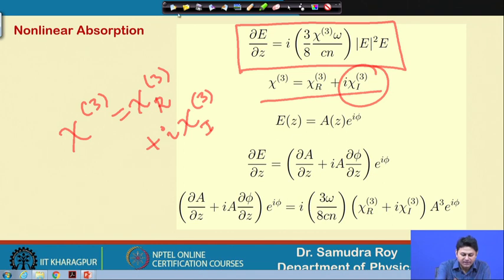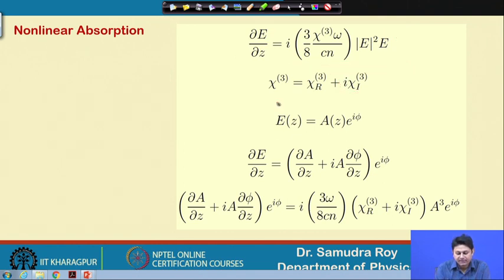So, we now divide the entire thing into real and imaginary. We write the total form of susceptibility, and now we put this susceptibility term here. So, now our equation is, in place of chi 3, I write chi r 3 plus i chi i 3. The total field is again divided into two parts, amplitude and phase.